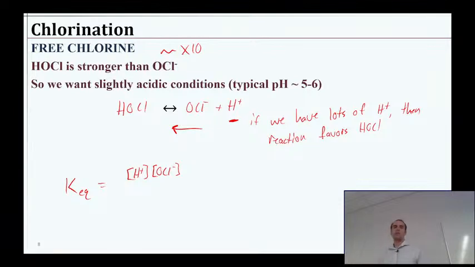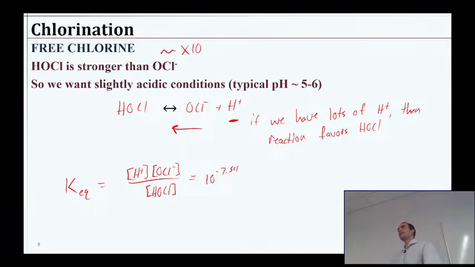If we had some number here, that would become an exponent. I'm not going to make you deal with that, so we'll keep it pretty simple. It'll be these products divided by the reactants. And I think we'll see an example in a moment. For chlorine in particular, under typical conditions, the value should be 10 to the minus 7.54.